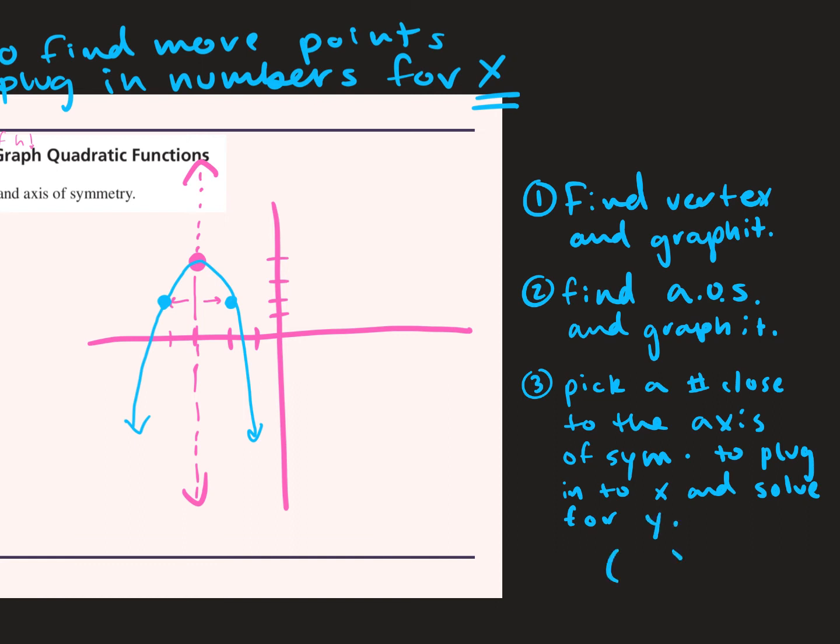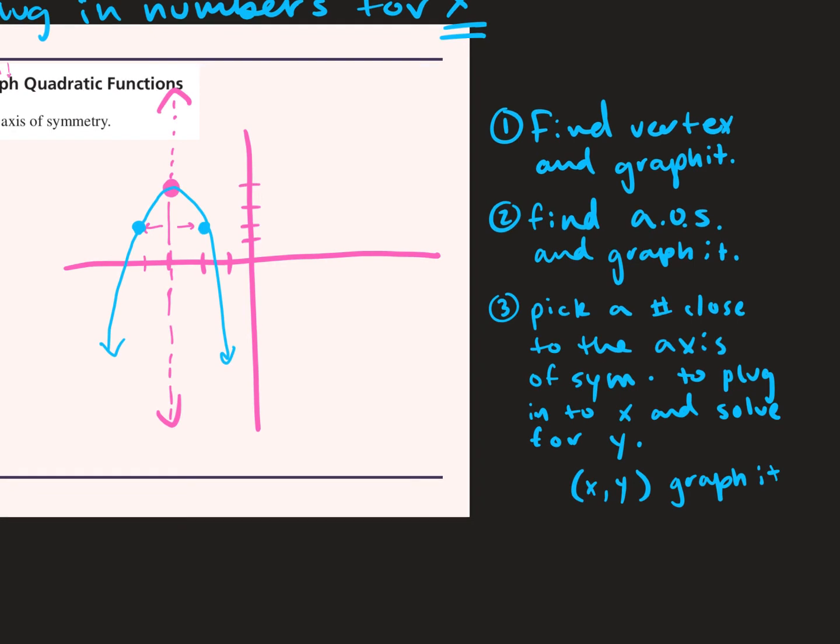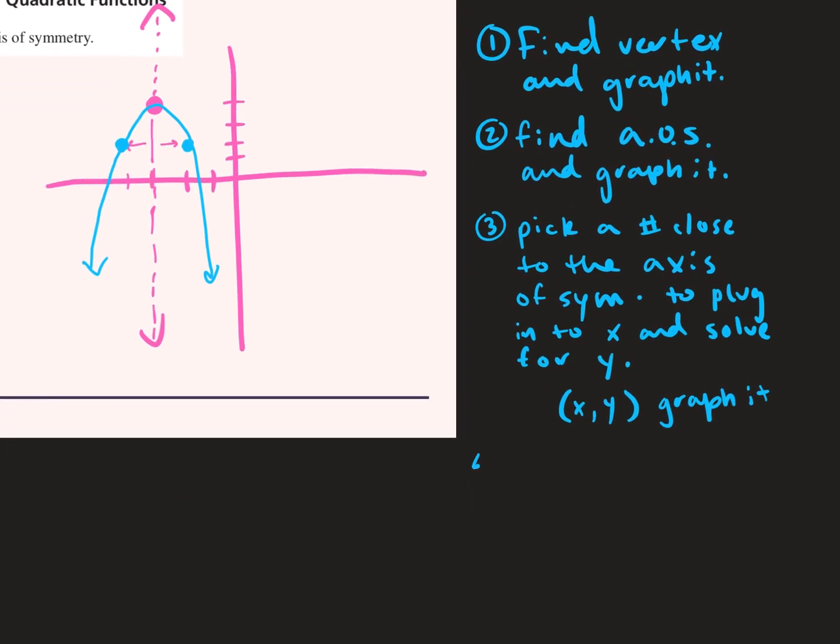And then that would be your point, x comma y, and then graph it. And then last step, step 4, would be to graph the mirror of it.